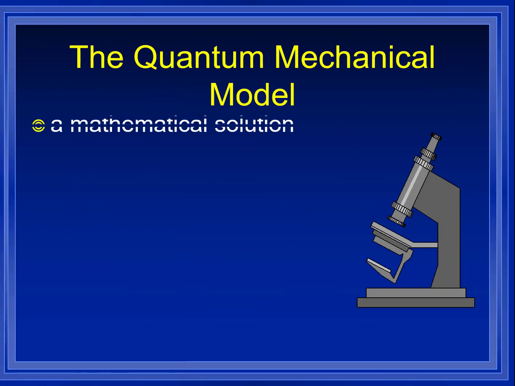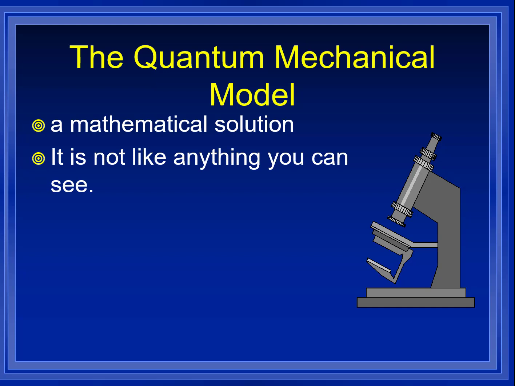So the quantum mechanical model is a mathematical solution, but it's not like anything you can see. I mean, you write the equation for a parabola, you could draw the parabola, and you would say, hey, that's a parabola.